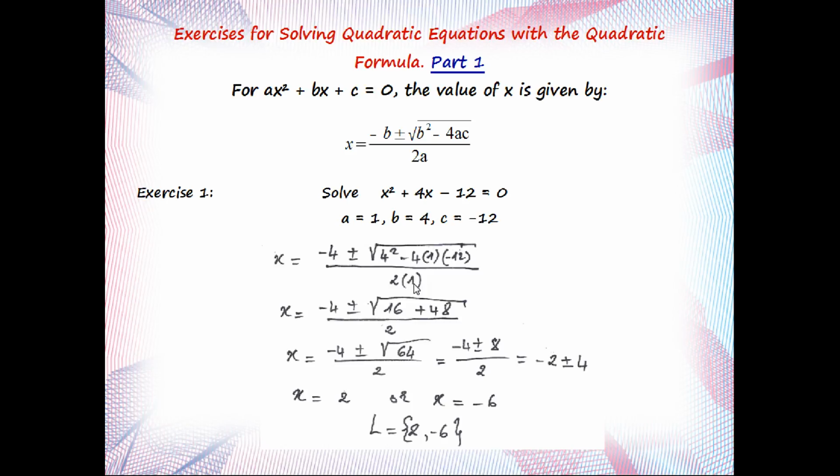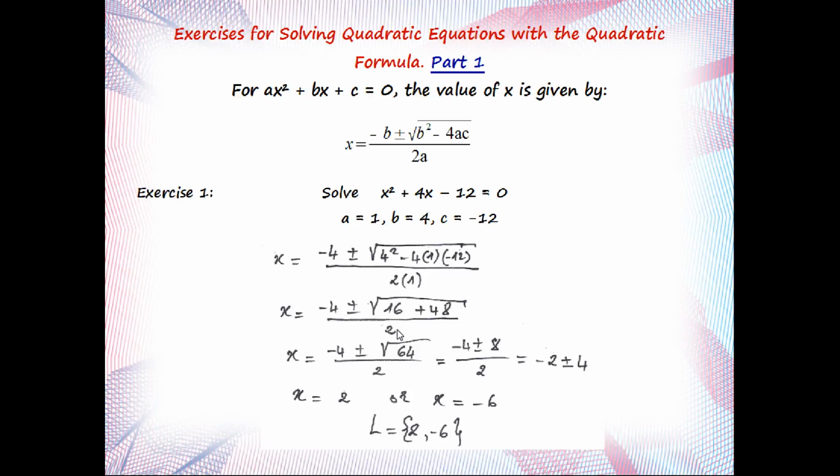So we get x equals −4 plus or minus the square root of 4² = 16, minus 4 times 1 = 4, 4 times −12 = −48, minus −48 equals plus 48, all of that over 2 times 1, and 2 times 1 equals 2.